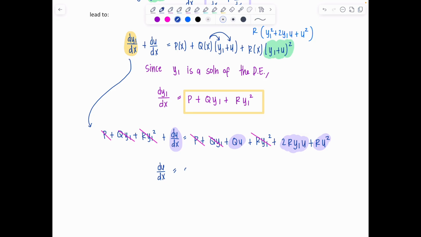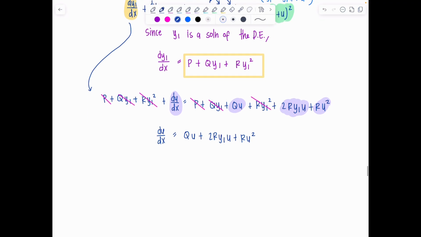You're like, I'm not excited about that. Hold on. 2 r y1 u plus r u squared. Allow me to rearrange it for you, okay? I'm going to leave the r u squared over there, move over the other two terms, and factor out the u. So it's du/dx minus (q plus 2 y1 r) times u equals r u squared.